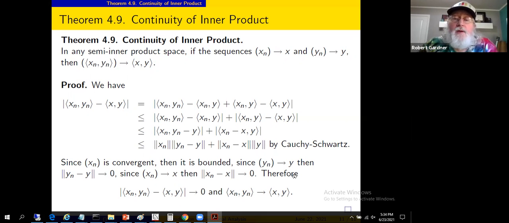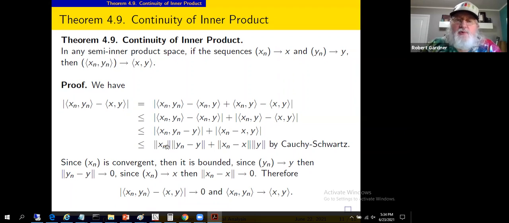We know y sub n approaches y, so that can be made small. That was a hypothesis. We know x sub n approaches x, so that can be made small. The gory details would be there exists a capital N sub 1 such that we can make this less than epsilon over 2. There exists a capital N sub 2 such that blah, blah, blah. This whole term can be made less than epsilon over 2, say.